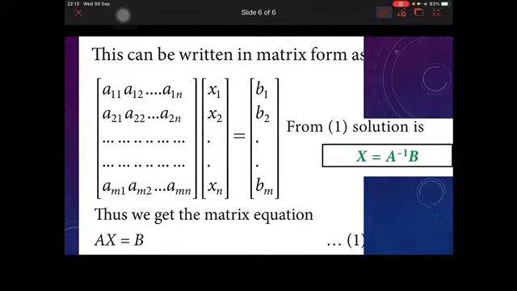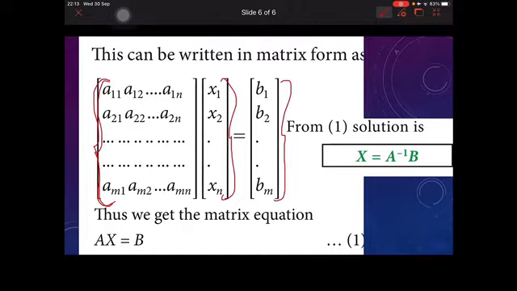To convert the equations into matrix form, we write the coefficients of the variables alone as a single matrix, and then the variables alone as another matrix, and the constants after the equal to sign.